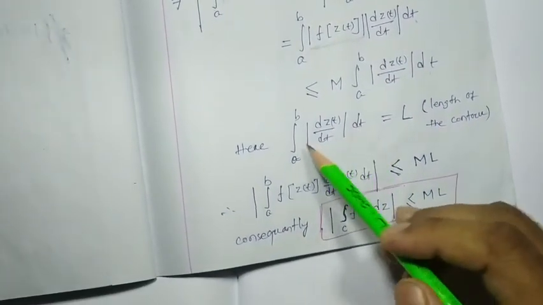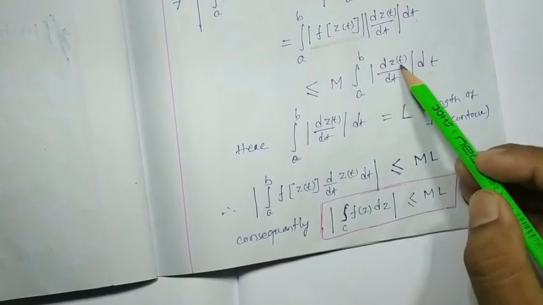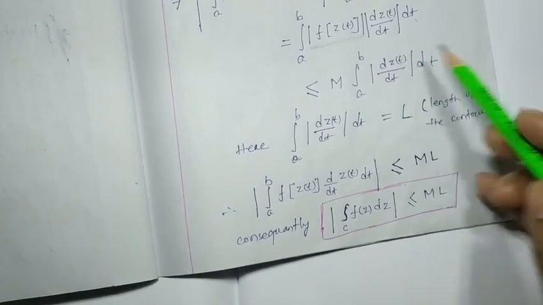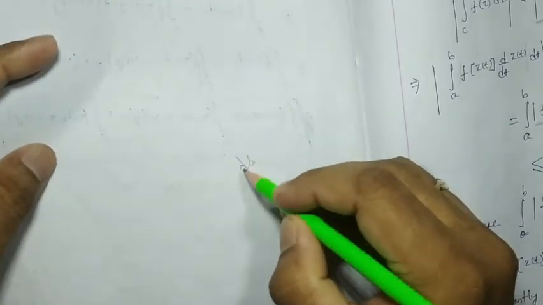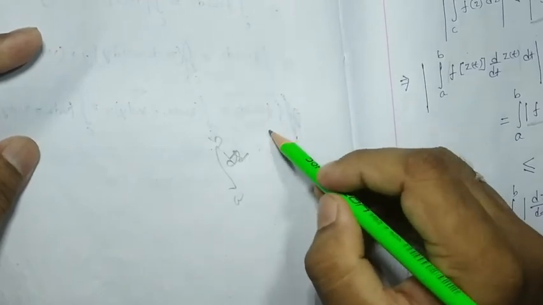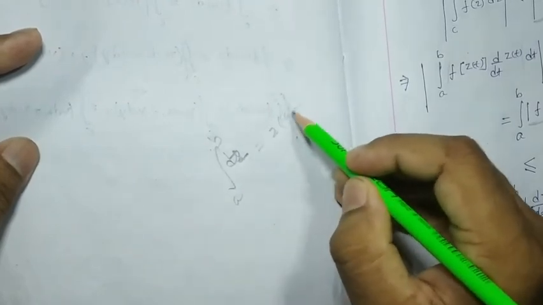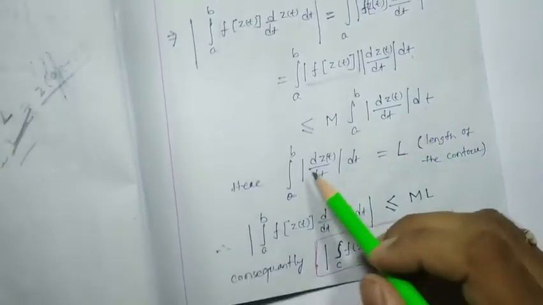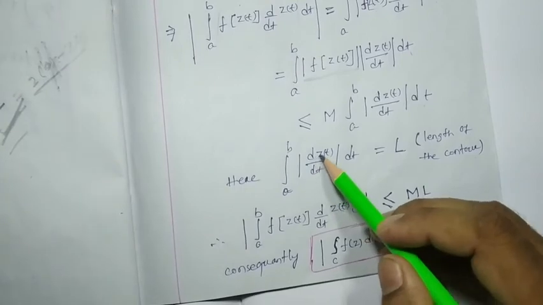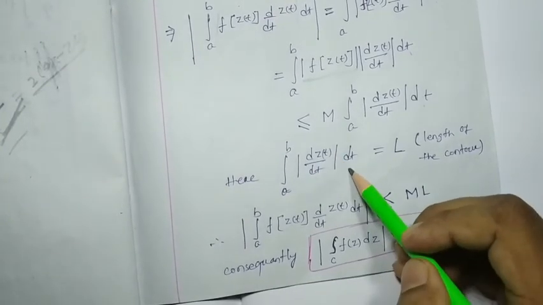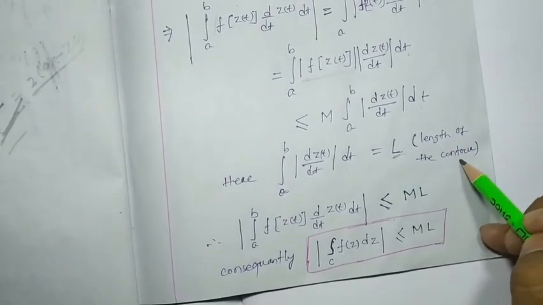Now here you can see from A to B, the dt dt got cancelled, and the integration of dz from A to B means it will be z(b) minus z(a), which represents a length. So the integral from A to B of the modulus of dz is nothing but the length of the contour.